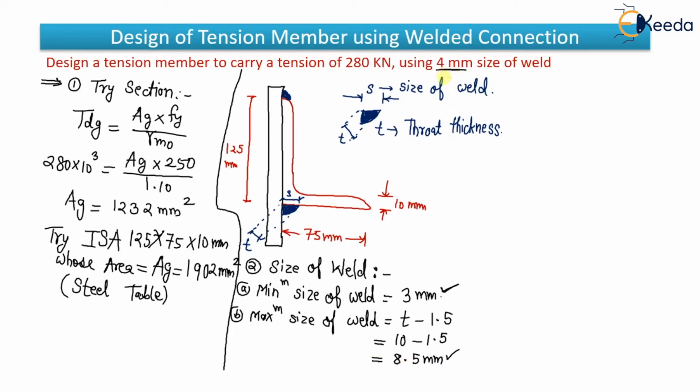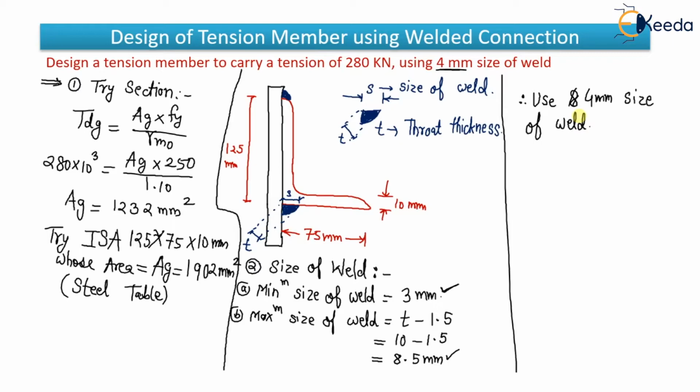Ours is 4, so you can directly conclude: therefore use 4 mm size of weld. So this is my conclusion, that I can finally use the size of weld as 4 mm, and it is denoted by S.